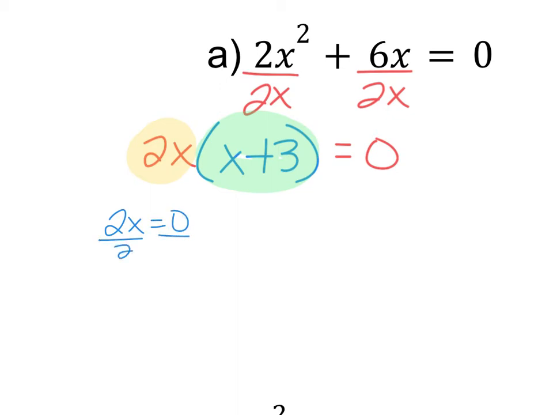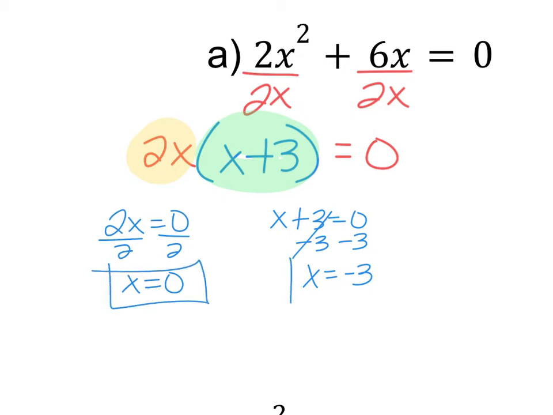So we're going to divide by 2. So x is 0. And then this would be x plus 3 equals 0. So minus 3. And x would be negative 3. Okay. So on this problem, like most of them, not all of them, but a lot of them have two answers. And on this one, it would be 0 and negative 3.